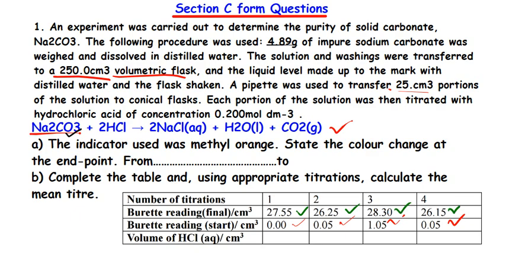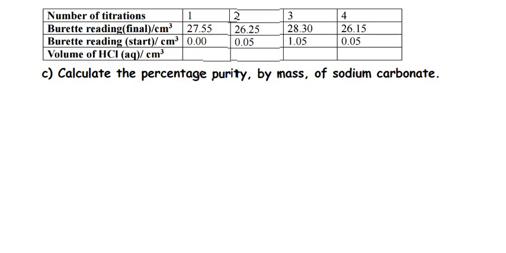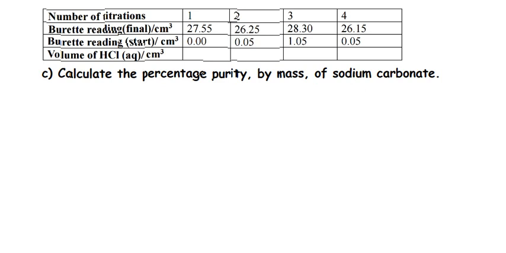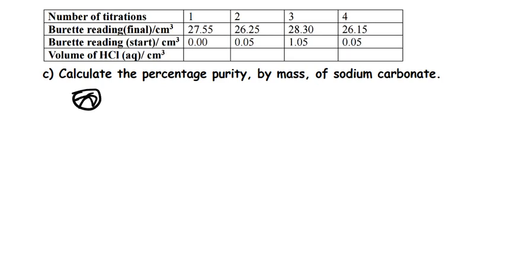Okay, so just to give you a little bit of imagery of what's happening here. Let's say this is a solid 4.89 grams of sodium carbonate, and then you decide to dissolve it. You dissolve it to produce a volume of up to 250 cubic centimeters in a volumetric flask, maybe something like this. Okay, so up to 250 cubic centimeters.